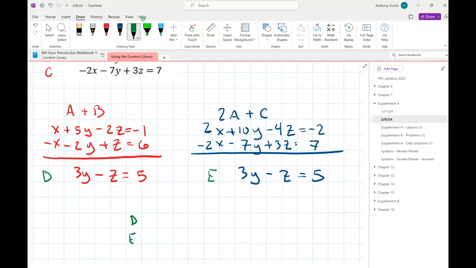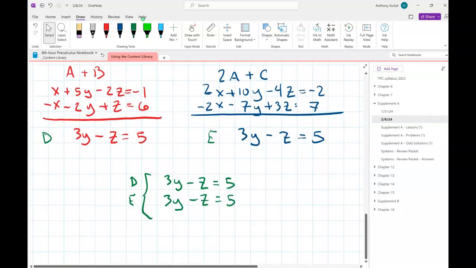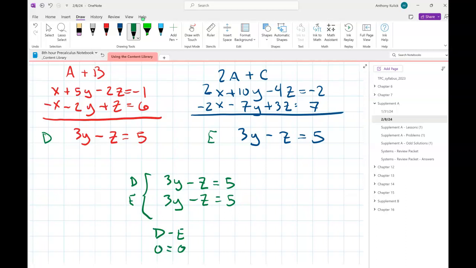What do we notice right away, though, about our equations D and E? You don't notice anything about these? They're the same thing, right? So obviously if I subtract them, I'm going to get 0 equals 0, right?